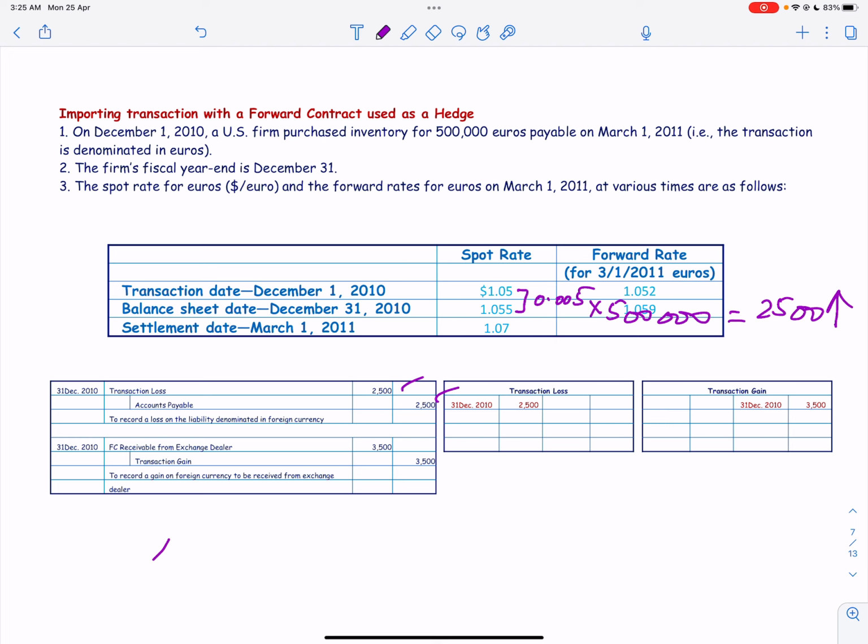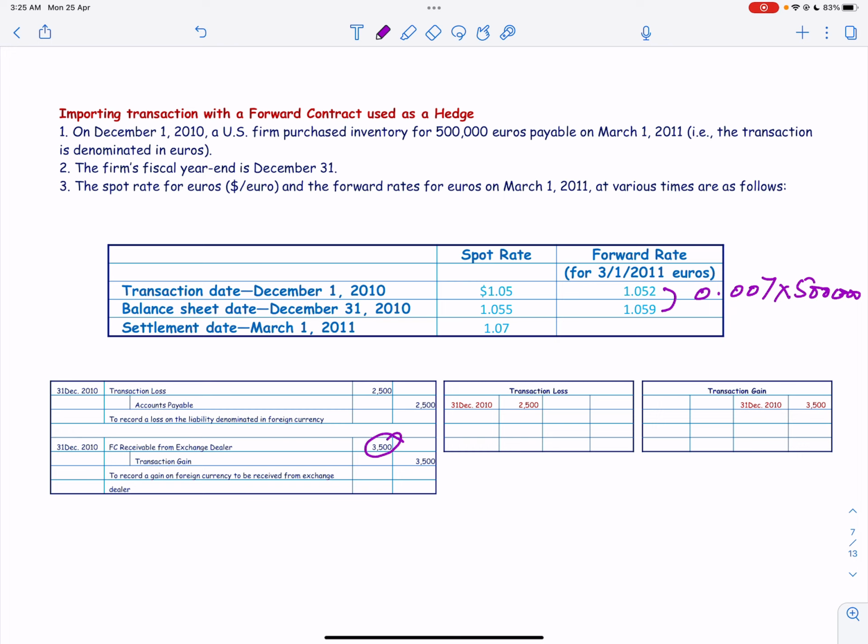The forward rate also increases from 1.052 to 1.059. So there is an increase of 0.007 on total of 500,000 euros. But in this case, this is a gain for the business because this is a receivable. So our receivables increase by 3,500.